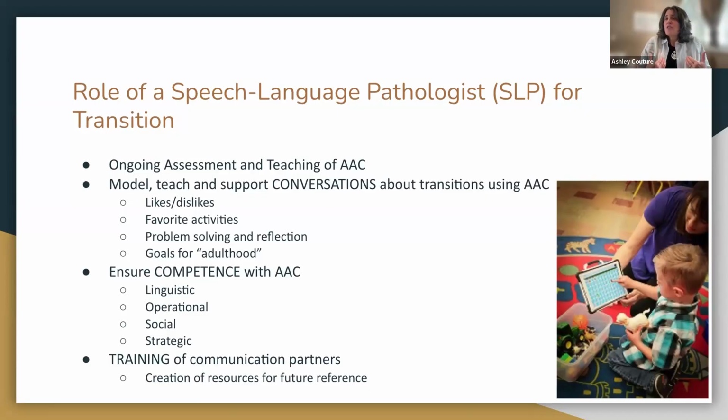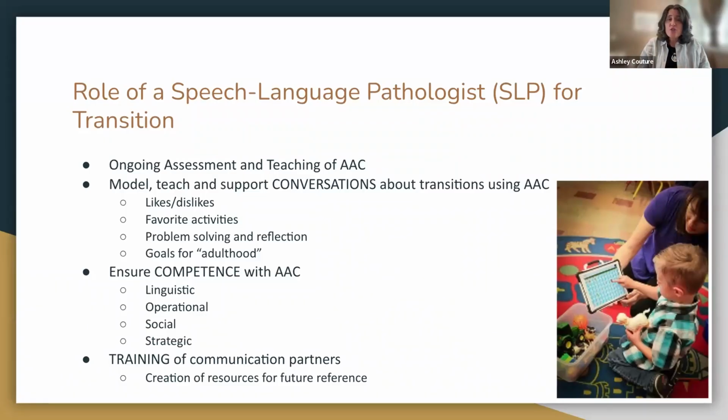It is our job as speech pathologists to ensure that users of AAC get enough practice and enough communication opportunities that they become competent with their AAC. And that usually includes 4 different areas of competence. There's linguistic competence, which is the language use on a system.